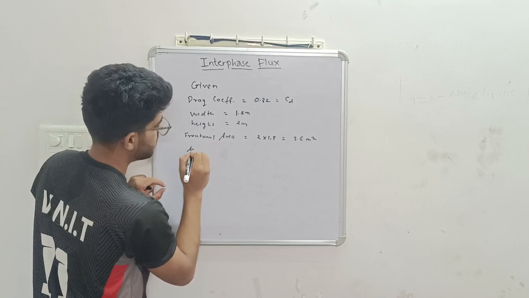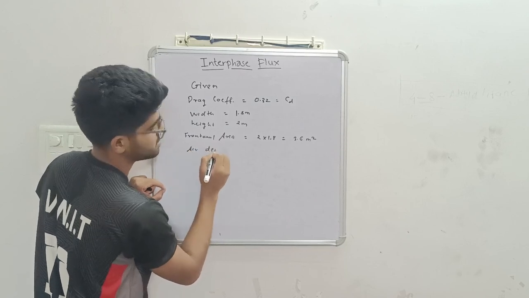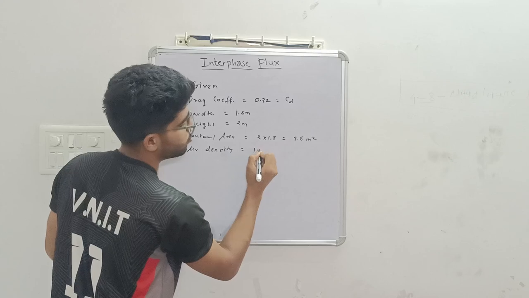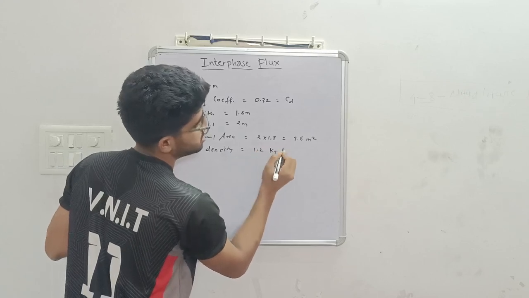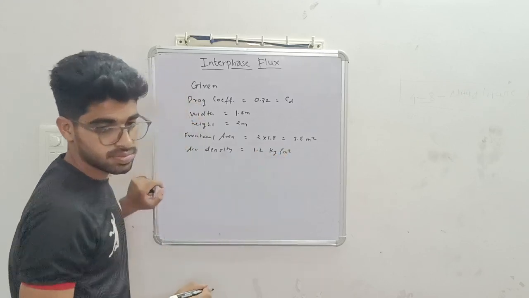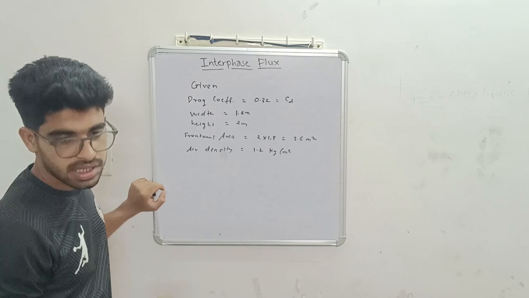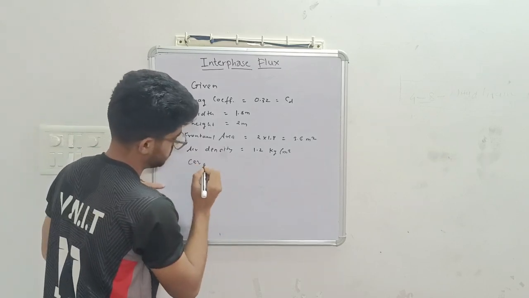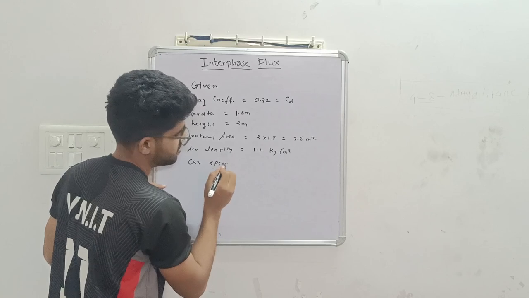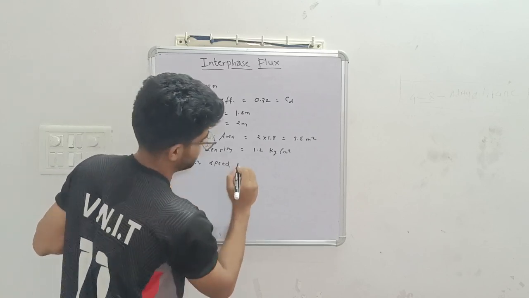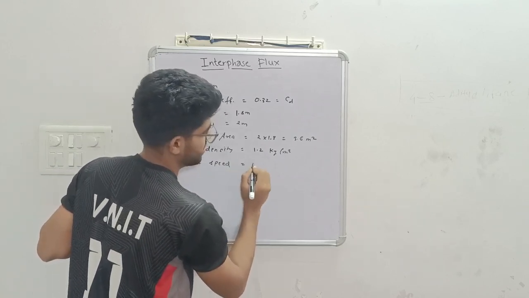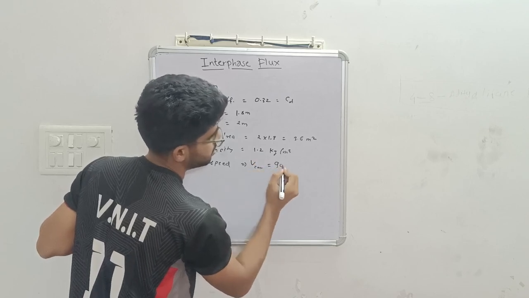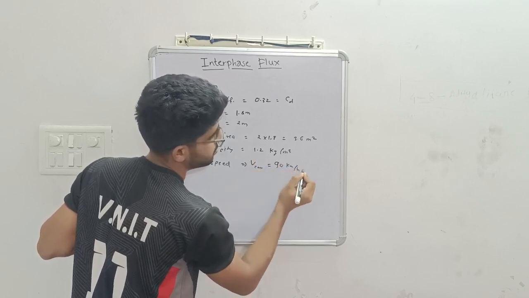Air density is given by 1.2 kg per meter cube, and car speed is equal to 90 kilometer per hour.